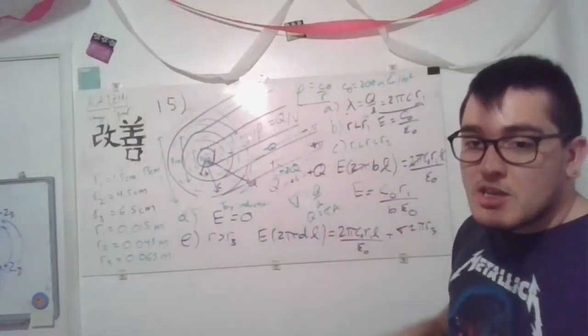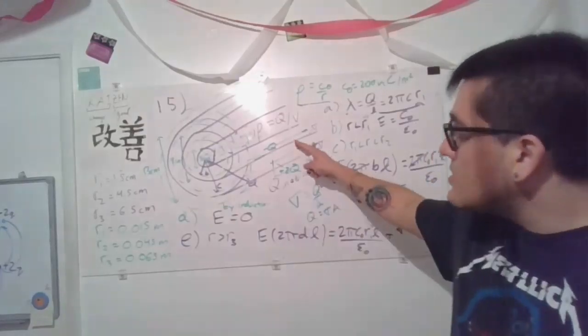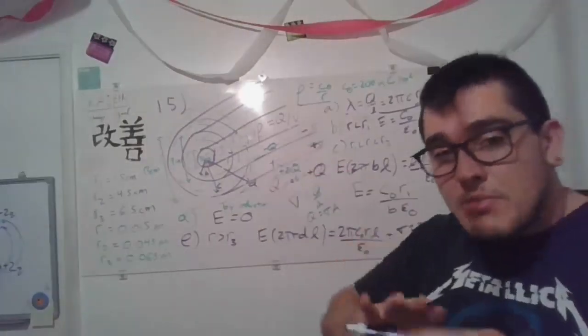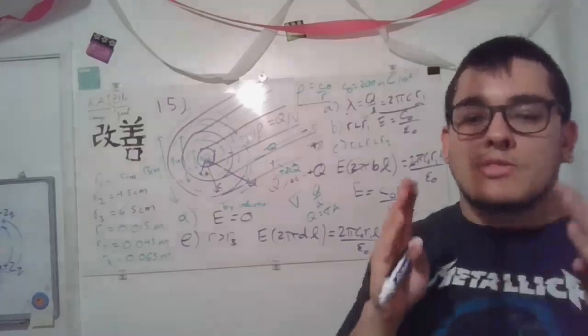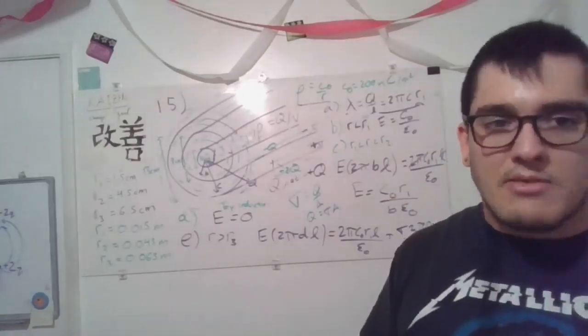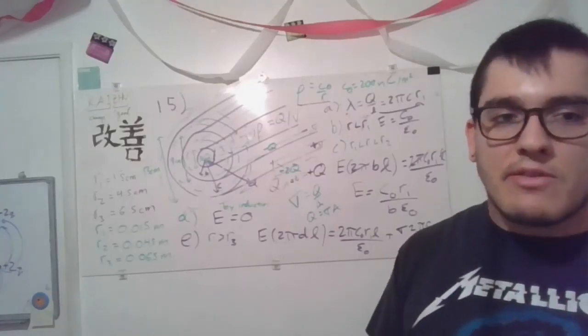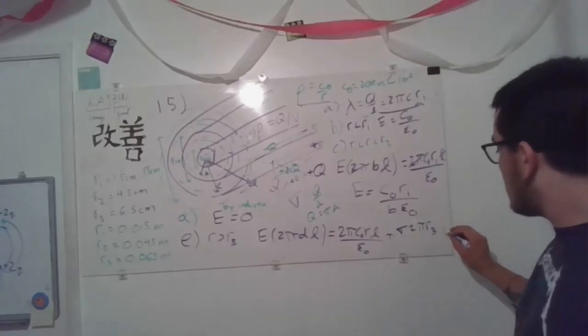The reason is because where are the charges? Are the charges all on the inner cylinder? No, they're not. Once they push each other, the net charge is Q, and all the charges reside on the outer surface. Remember that about conductors, charges always reside on the outer surface. So it's going to be 2 pi R3 times L.